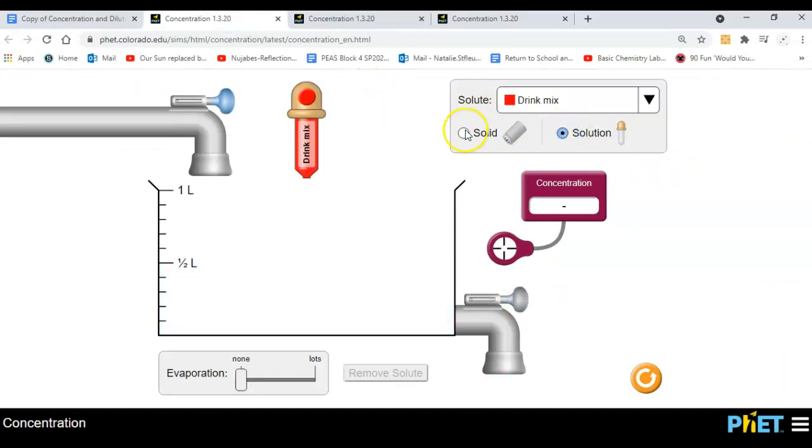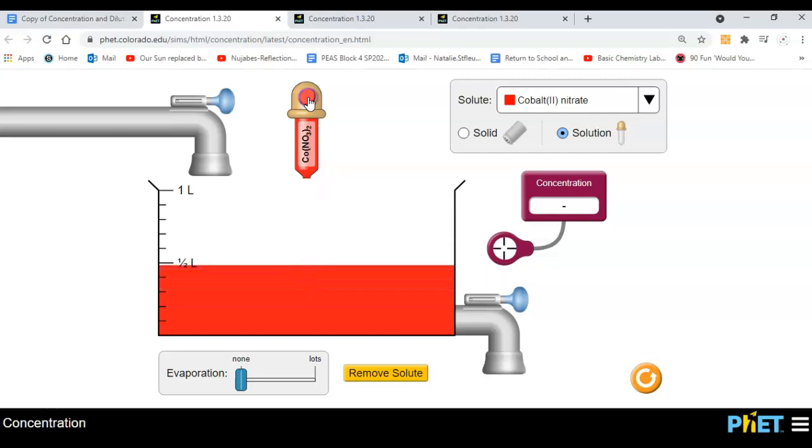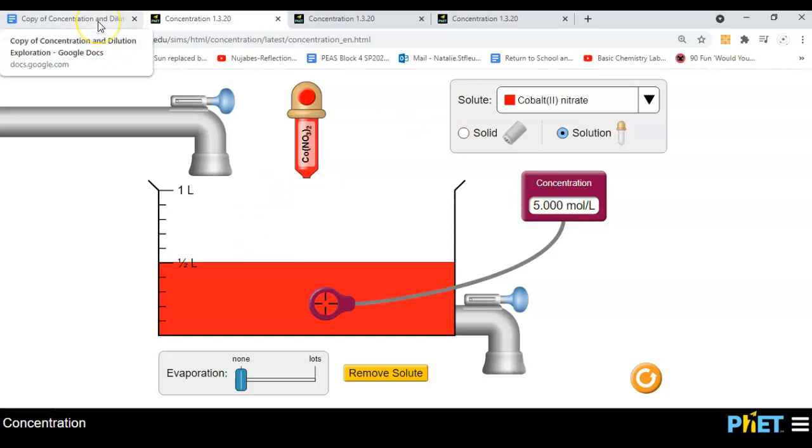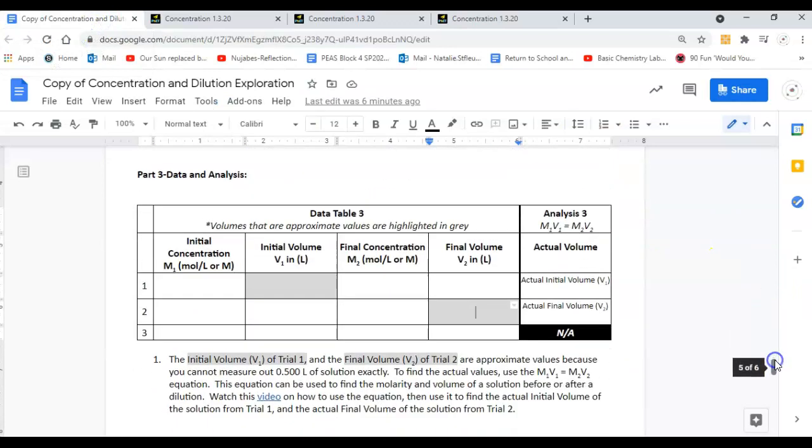Switch into the dropper, make sure it says cobalt nitrate, and then add it to the top. Okay, so my initial concentration is 5.00 moles per liter, and my approximate volume is 0.5 liters. So that's what's going to go here.